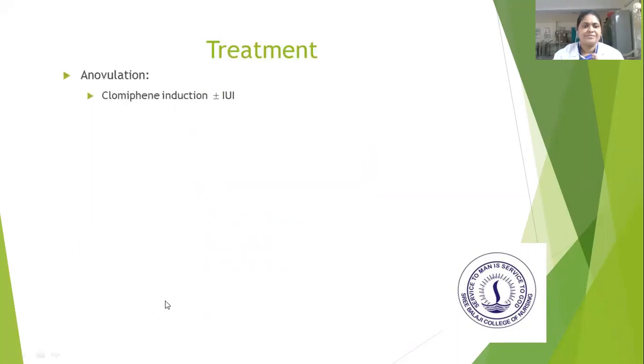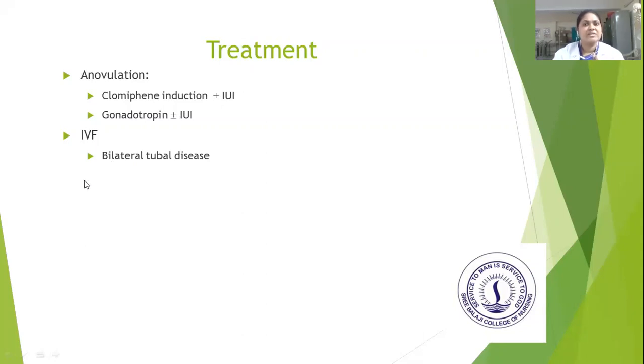Next is the treatment. We have many treatments for infertility and ovulation, that is clomiphene, and injections can be done with intrauterine insemination. Next, gonadotropins can also be done with intrauterine insemination, and IVF, which is the most popular treatment for infertility.